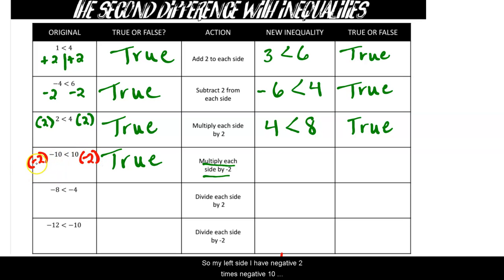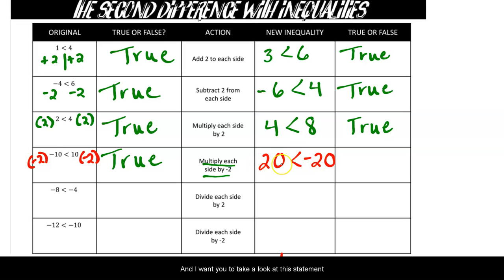On my left side, I have negative 2 times negative 10, so that's going to give me positive 20. On the right side, I'm going to have 10 times negative 2, so that's going to give me negative 20. Our symbol is less than.